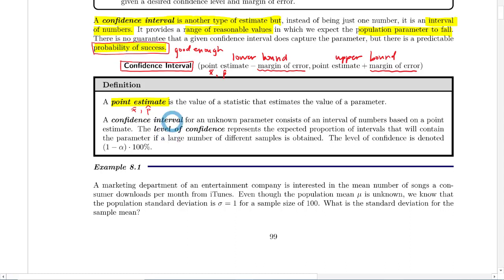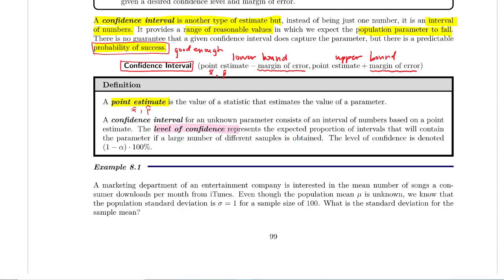How confident are we? That's called the level of confidence, the level at which we're confident that the population parameter will fall within these reasonable values. The level of confidence is the expected proportion of intervals that will contain the parameter if a large number of different samples is obtained.